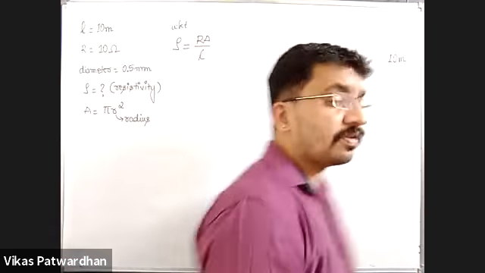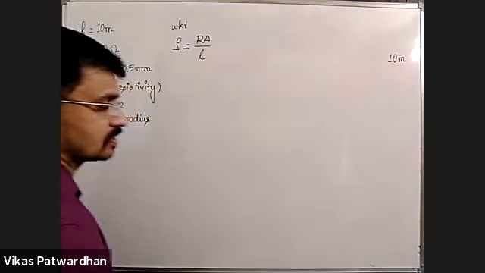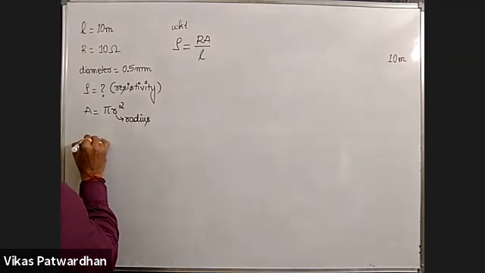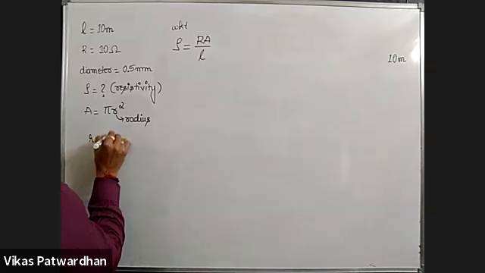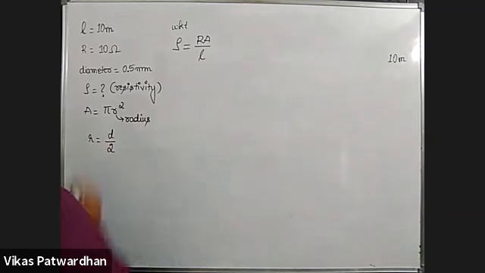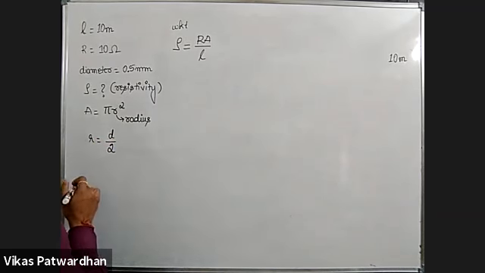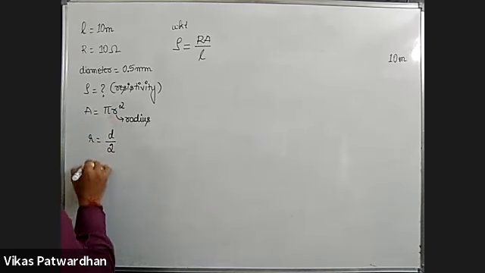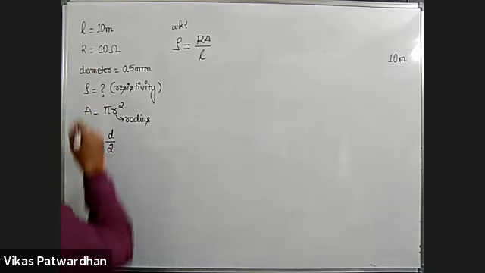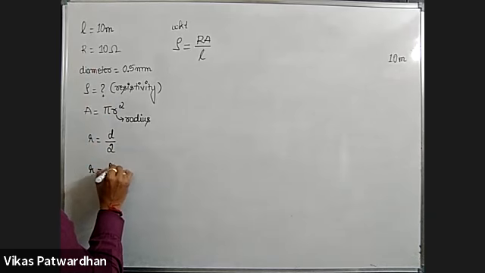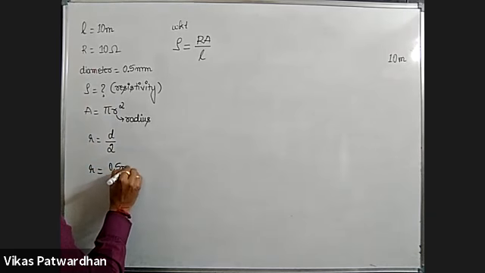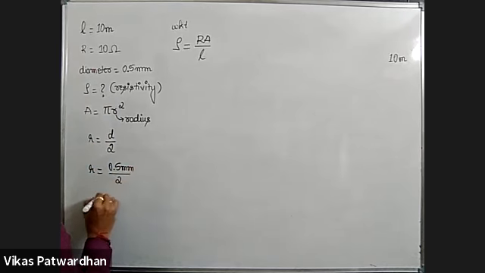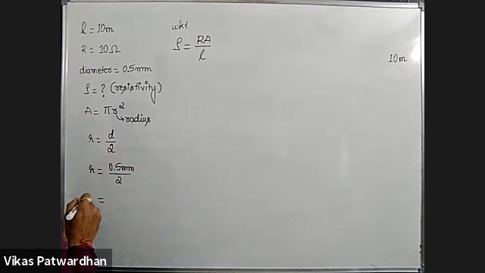Is there a relation between diameter and radius? Yes, radius is equal to diameter divided by 2. So R is equal to 0.5 millimeter divided by 2. There is also a condition: every value should be expressed in SI units.